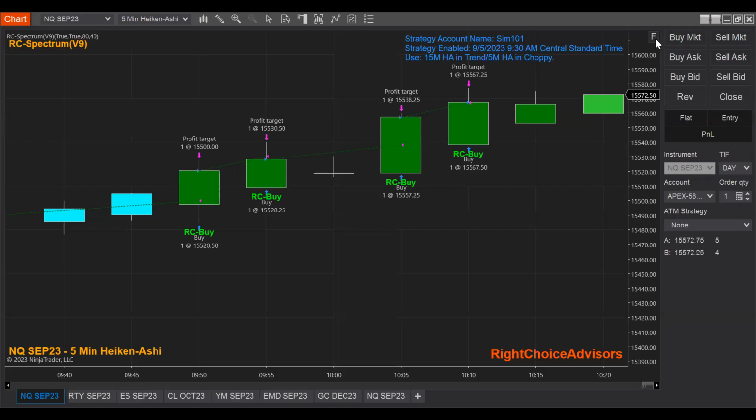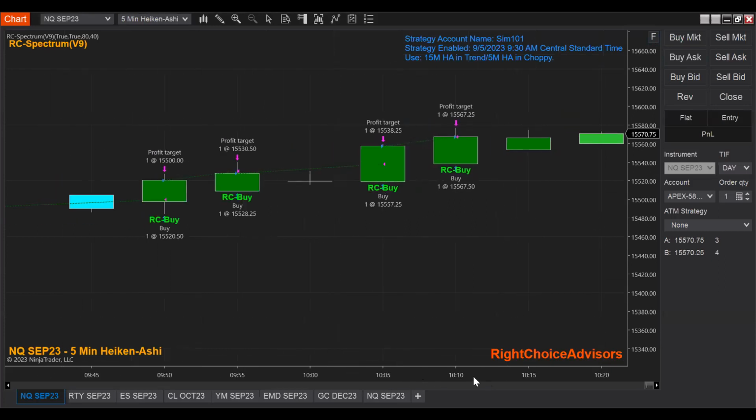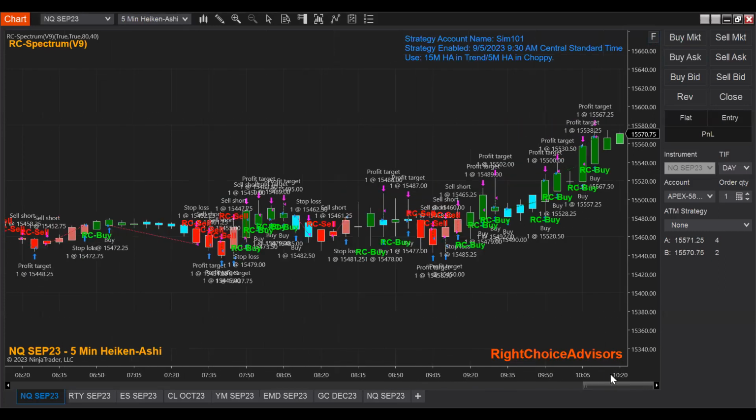So if the candles are crowded, one thing you can do is there is an F symbol here. If you click on that, then basically you can also drag this. If you drag, your candles will not be crowded.